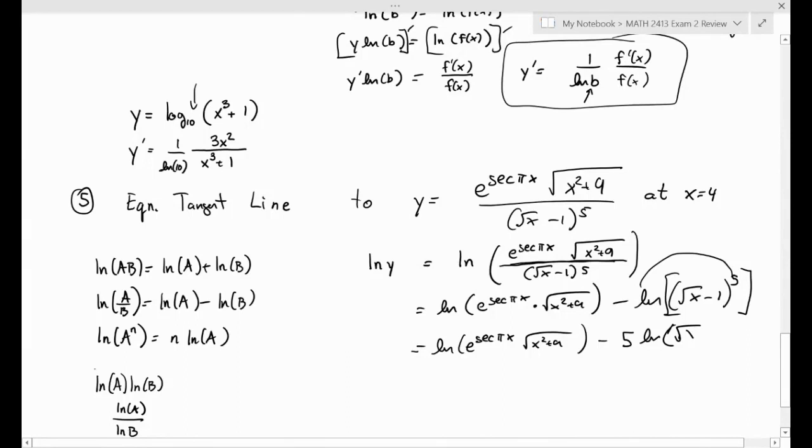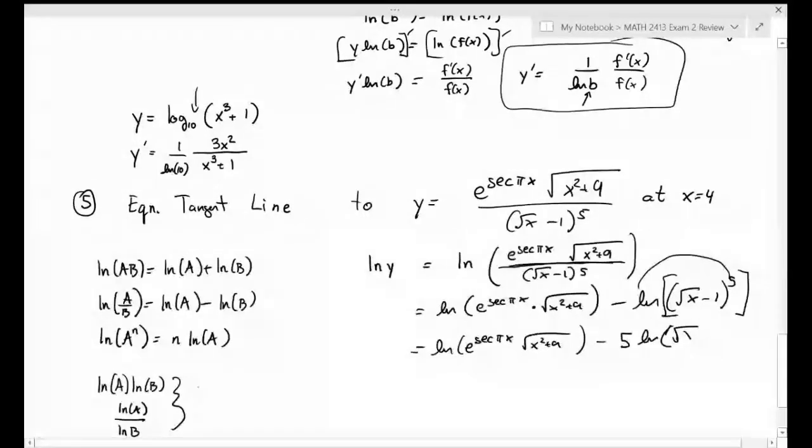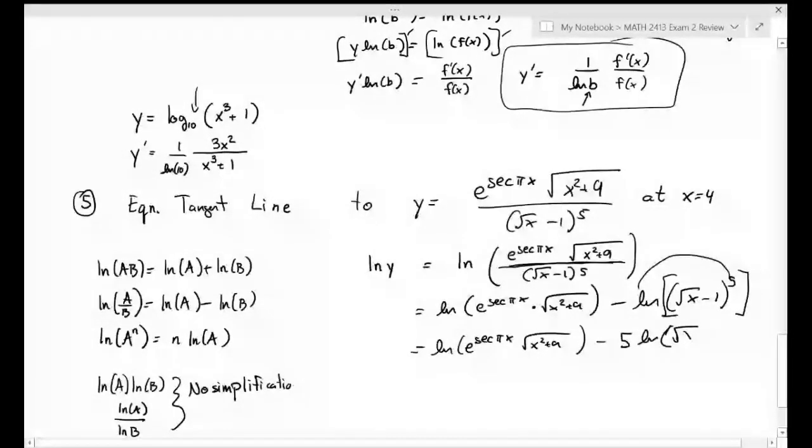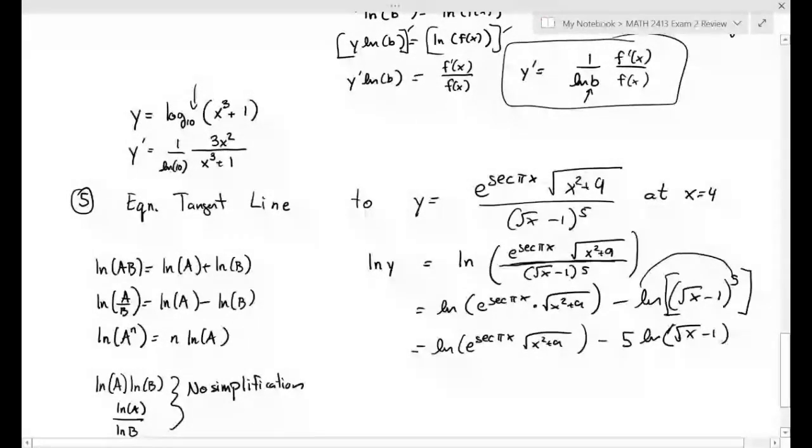No. That's it. There's no simplification. Okay, well, I better spell that out. And likewise, there's no rule that says log of a plus b or minus b simplifies.